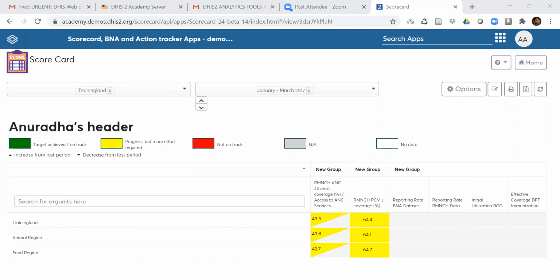So designing DHIS2 web apps is, I think, far too complicated for you all, looking at your background and your job descriptions. But there are software developers who can easily learn the DHIS2 web application platform, and maybe they can design something very similar to a scorecard, totally customized to your requirements.